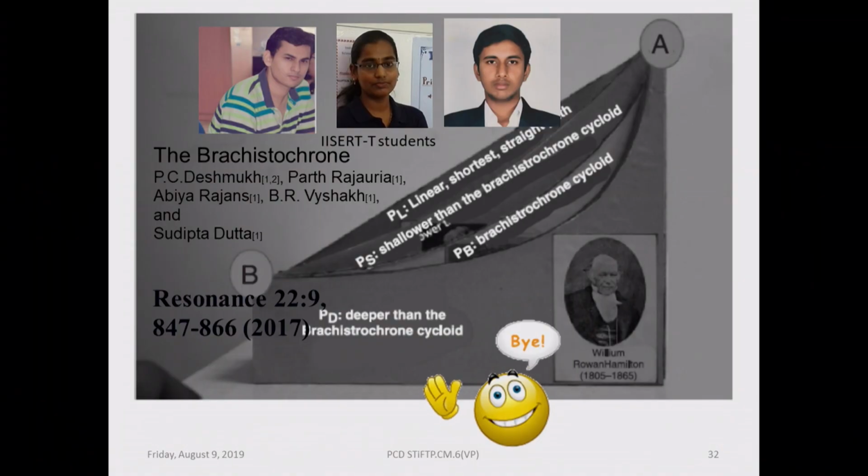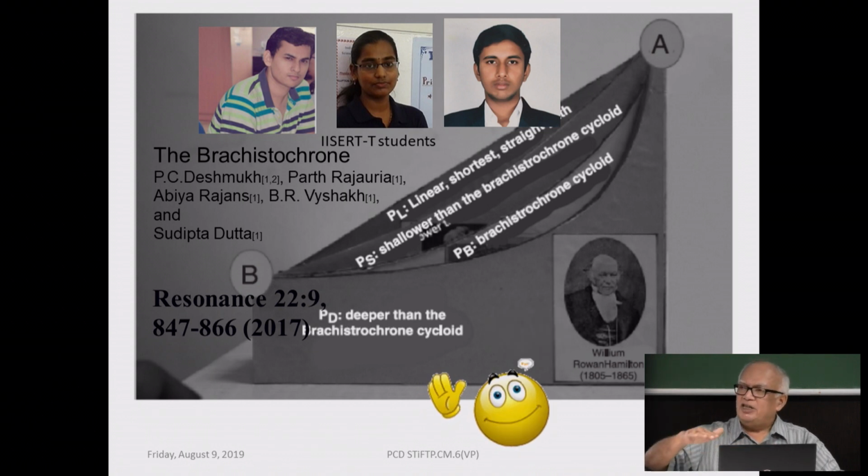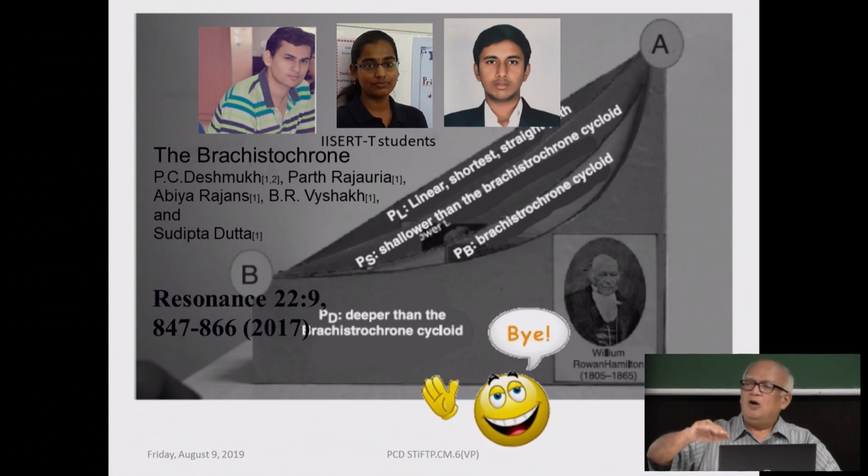So we fabricated 4 shapes. One was a straight line, one is along the Brachistochrone, which is the equation to the cycloid, one which is slightly shallower than the cycloid, and one that is somewhat deeper than the cycloid. And you can do this experiment.